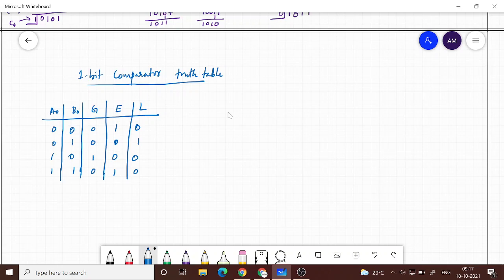Now since there are only 2 inputs, G as a function of A0 and B0, from the truth table, you can simply write as A0 B0 bar. And E is also a function of A0 and B0. It can be 1 in 2 different ways. One is both are 0, that is A0 bar B0 bar. The other way is when both are 1, that is A0 B0.